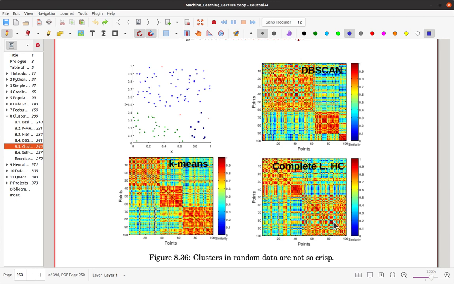Of course, over there, the three methods are not so crisp, which means that the clustering result is not so quite clear. Depending on your opinion, some result must be discarded. Okay.